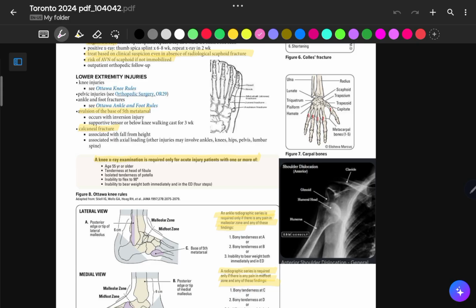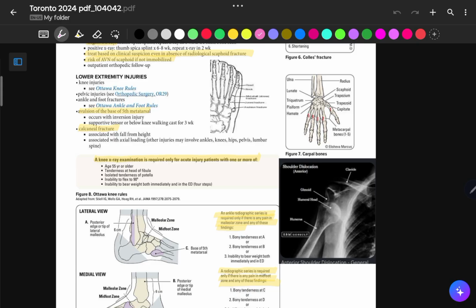A patient presenting with this is usually due to an inversion injury. What you would do is a supportive tensor or below-knee walking cast. You're going to insert a below-knee walking cast for 3 weeks in a patient who had a base of the fifth metatarsal injury.